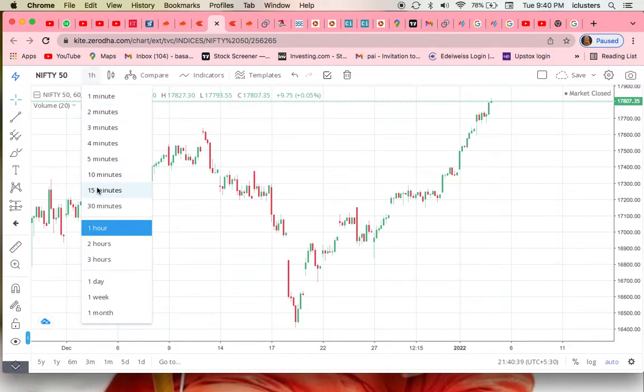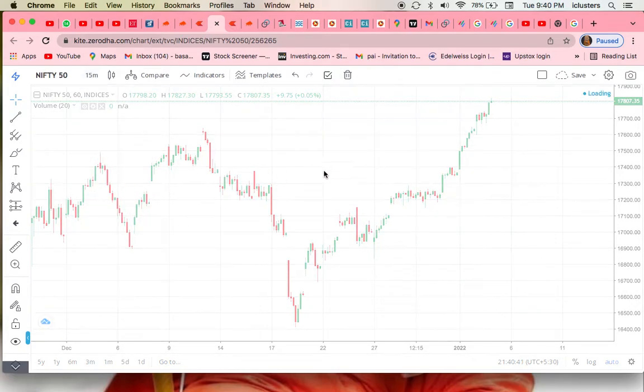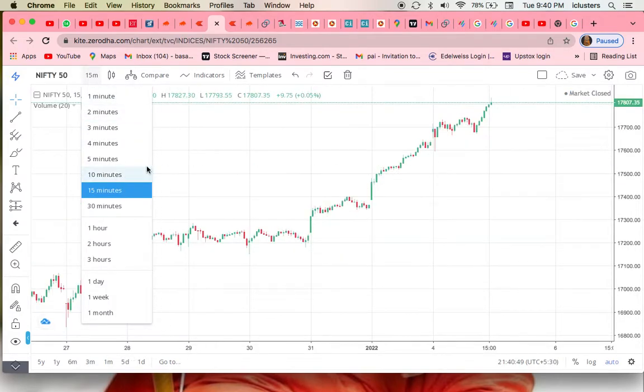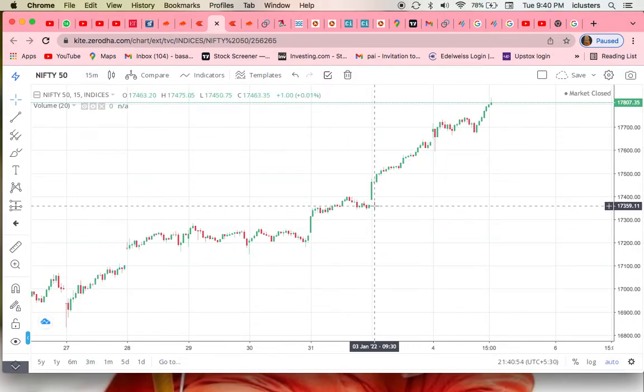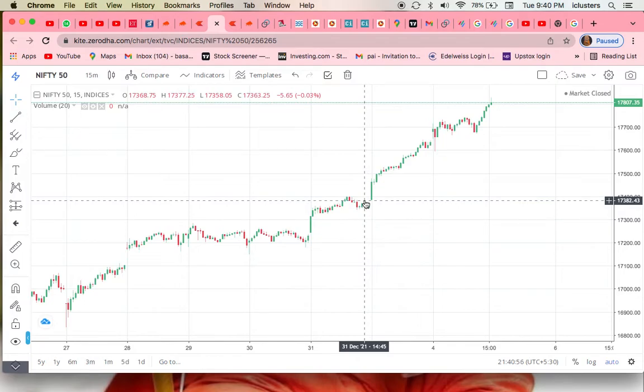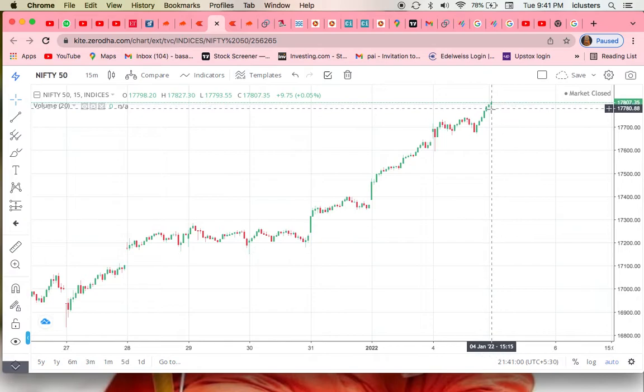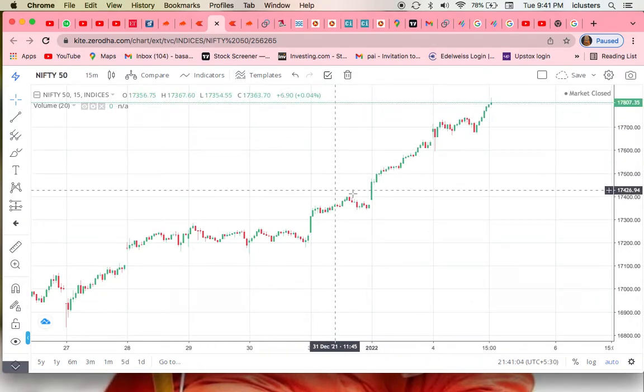This is the 1 hour chart, and this is the 15-minute chart. Okay, in the 15 minutes, see how price is moving, from the market opening time to the ending time also, the market is going upwards only, moving up, higher rise and higher rise.